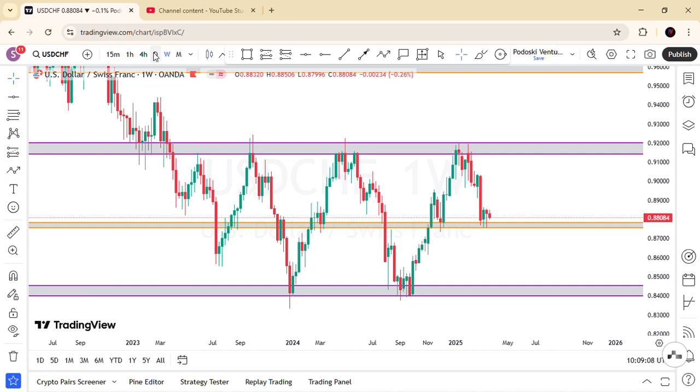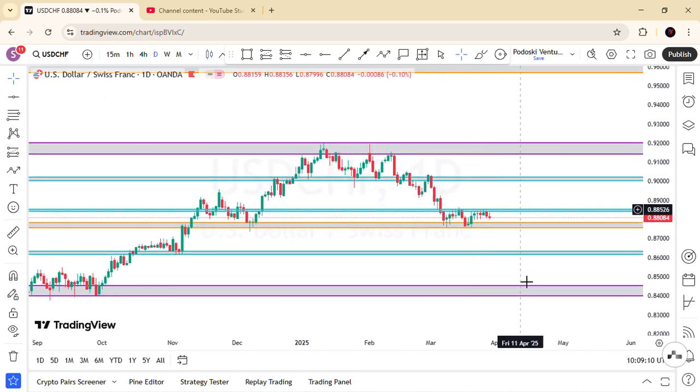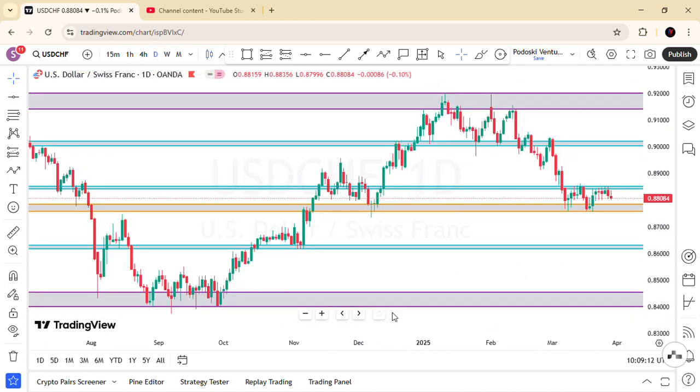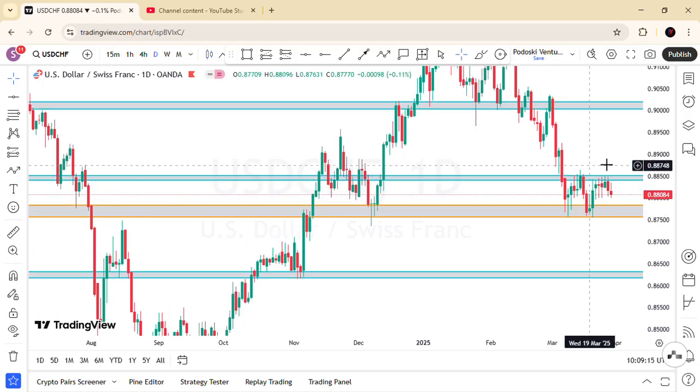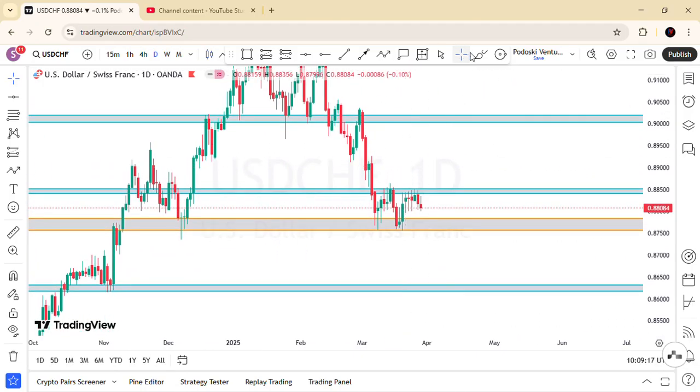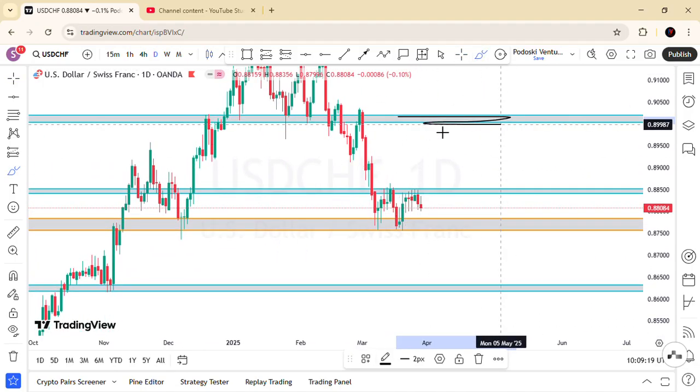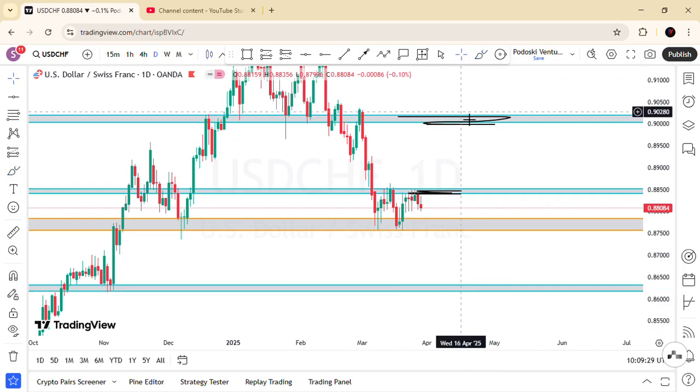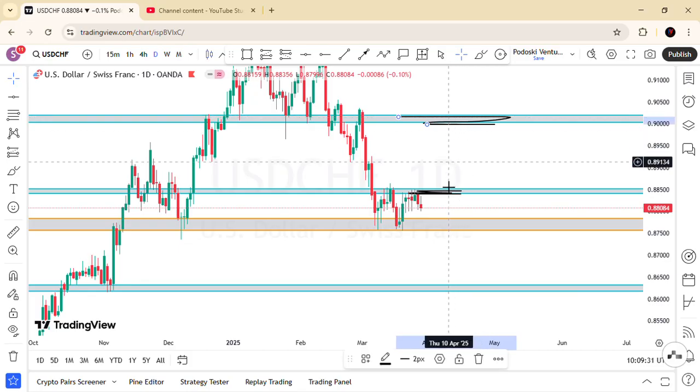So let's go to the daily time frame and find out what we can do. On the daily time frame, I have my daily upper zone here, my daily midway zone, and my daily lower zone. So on the daily time frame, will price drop all the way to the lower?